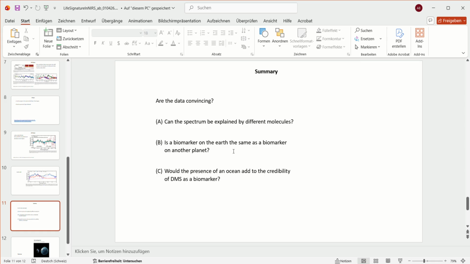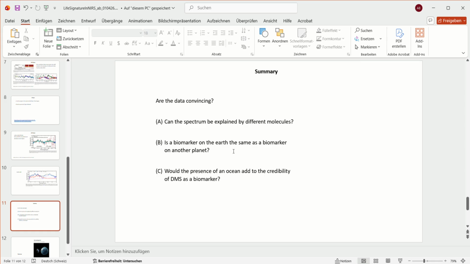And this question also involves other planets in our solar system, specifically Venus, because on Venus also very important, very interesting gases have been found in the upper atmosphere. And then the question is, on Venus you don't have a lot of water and the chemistry is very different to the Earth.